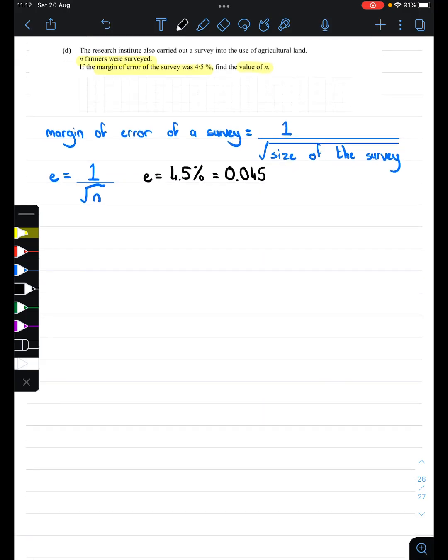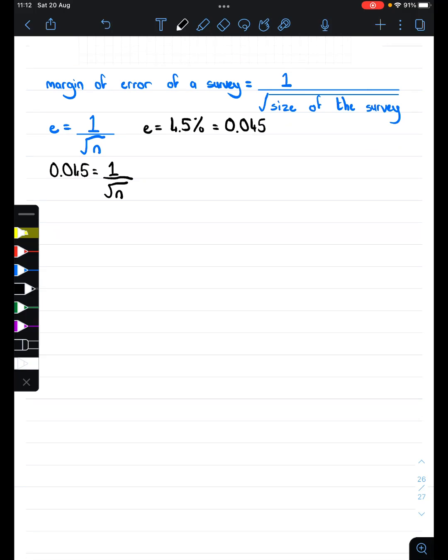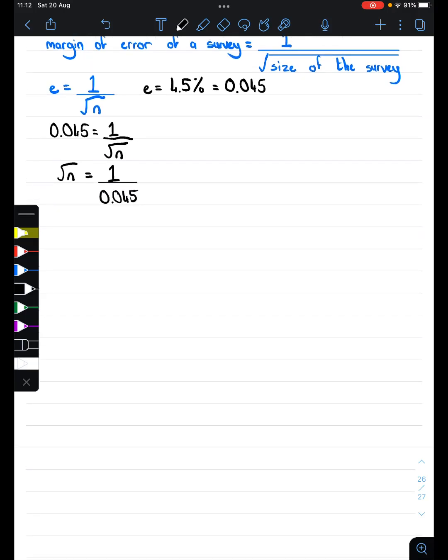And so then we have to solve for N. So 0.045 equals 1 over the square root of N. And so if we multiply both sides by the square root of N and then divide by 0.045, so the square root of N and 0.045 switch places, we get square root of N equals 1 over 0.045, and then we square both sides to get rid of the square root, and N equals 1 over 0.045 squared, which equals 493.83.